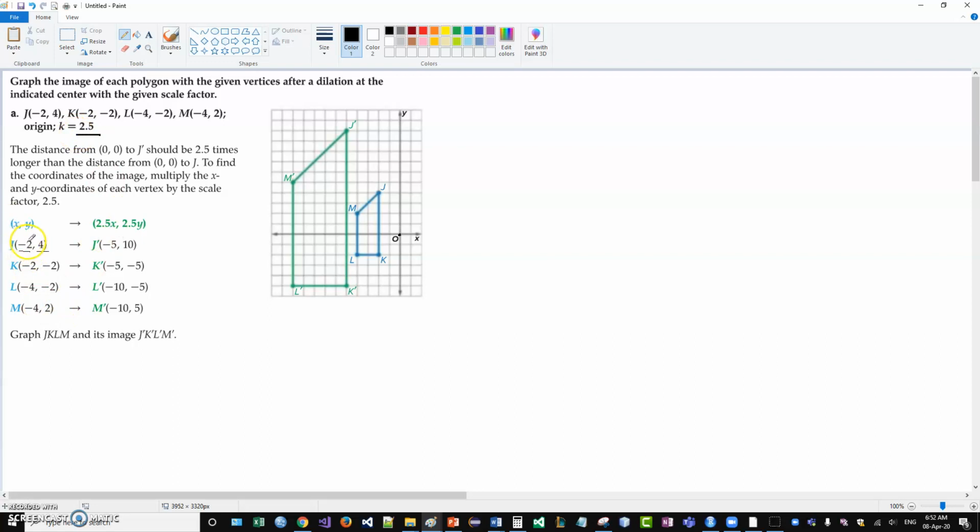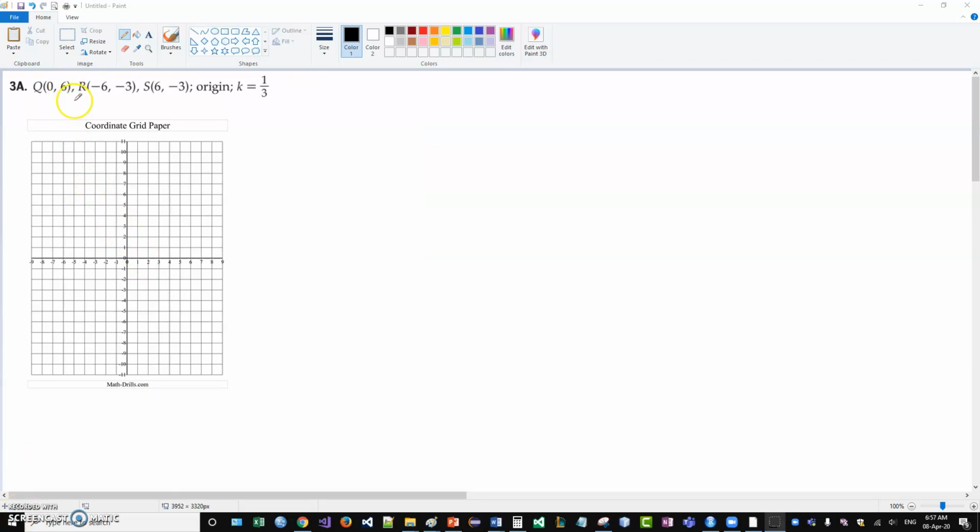So for point J, minus 2 times 2.5 is minus 5. 4 times 2.5 is 10, and so forth. Minus 4 times 2.5 is minus 10. After you find the new vertices of the dilated image, you just connect the points, and there you have it.